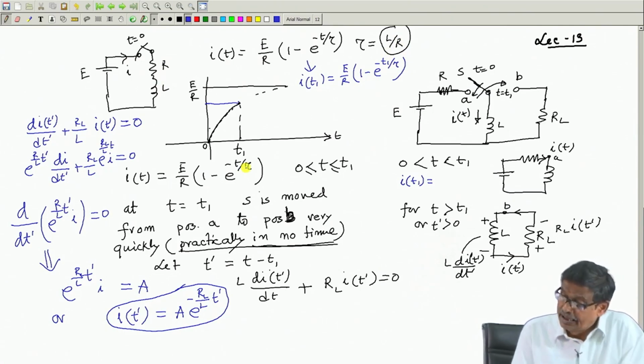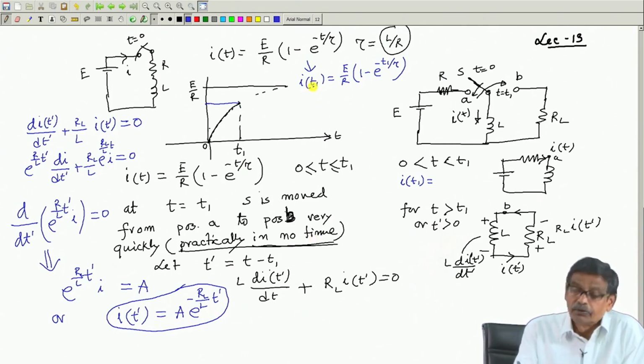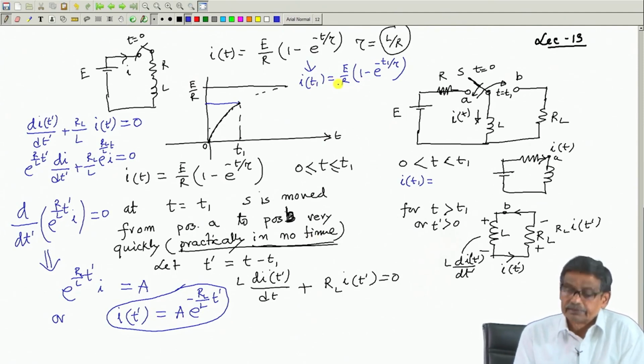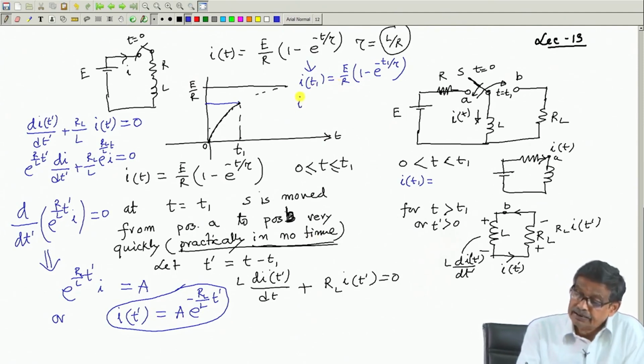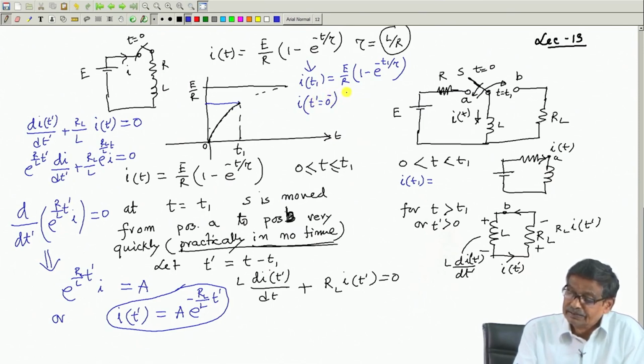And this will act as, at t equal to t 1, it is like this. So, I t dashed equal to 0 minus is this number, which is equal to I t 1.